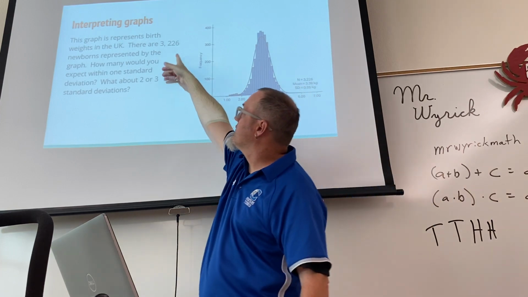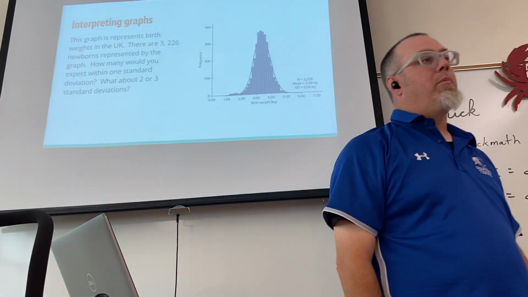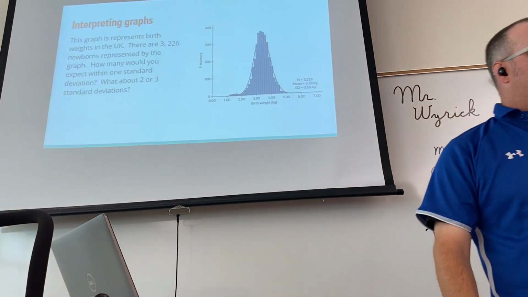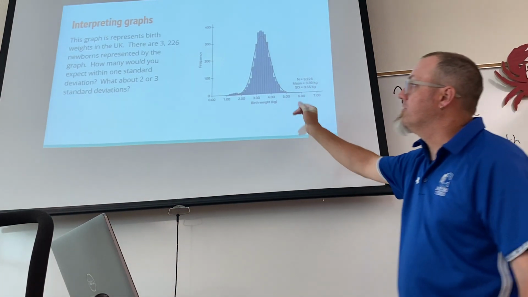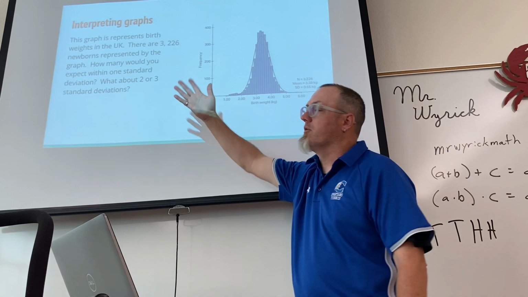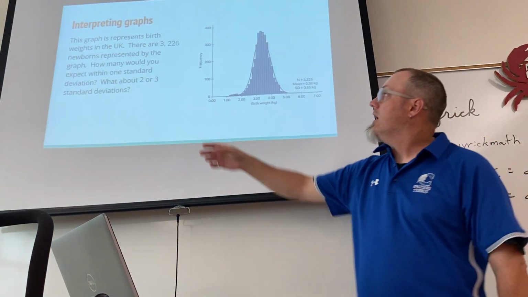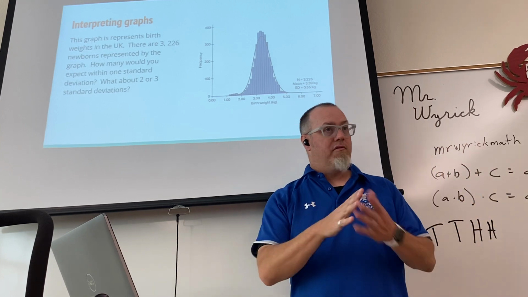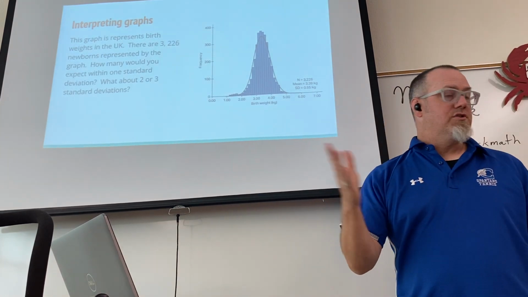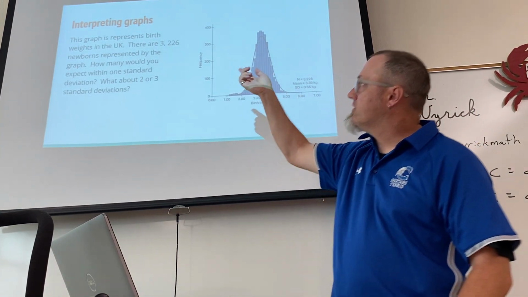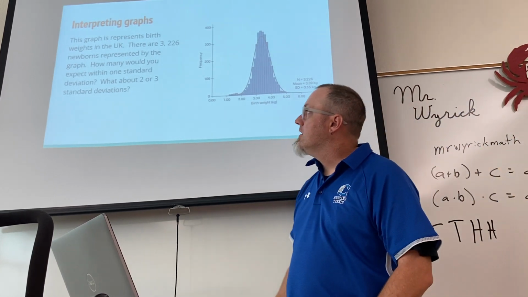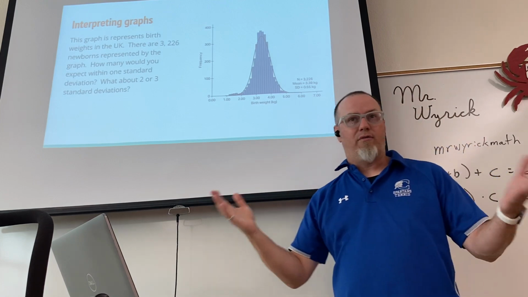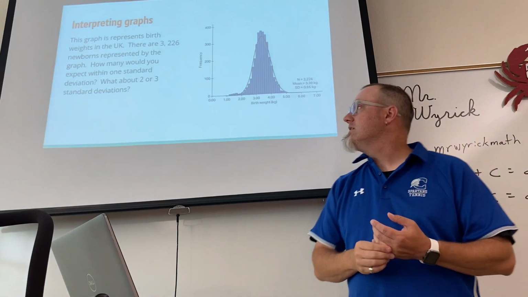If we take 3,226 and multiply by 0.68, that'll tell us that 68% of that, that's how many we should expect to find within that, okay? 2 or 3 standard deviations, again, 3,226 times 0.95, that would be within 2 standard deviations. 3,226 multiplied by 0.997, that would give us everything within 3 standard deviations.